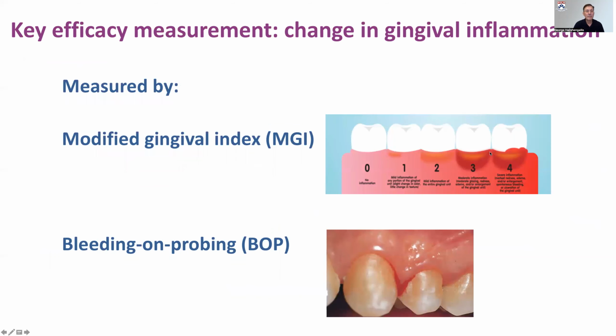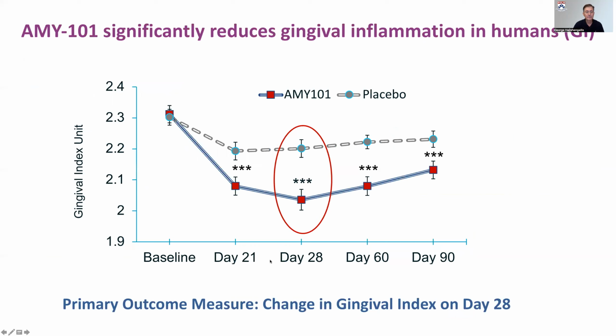The key efficacy measurement was to monitor changes in gingival inflammation, and this was measured by the modified gingival index and also by bleeding on probing. As you can see, the clinical inflammation as reflected by the gingival index was significantly inhibited in sites that were treated with the drug.